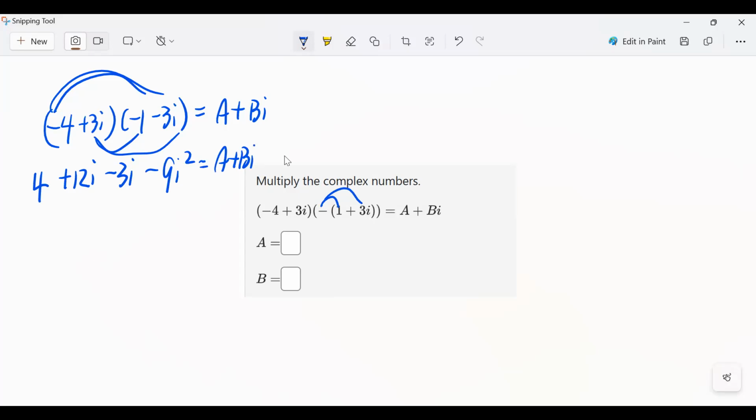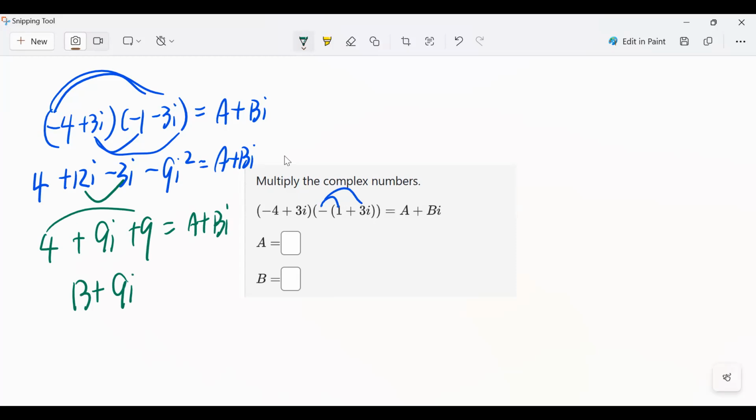So combine like terms. There are two like terms, combine them. Here i squared is -1, -1 times -9, that's 9. 12i minus 3i is 9i. And 4 plus 9, 13. So A equals 13.